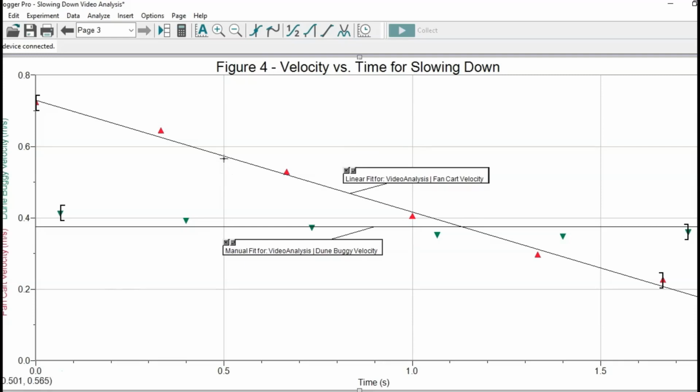It doesn't matter whether you're in the positive region or negative region of the velocity time graph. If an object is slowing down, the line is going to move towards the time axis. This covers what we need to know about velocity time graphs for speeding up, slowing down, and constant velocity.